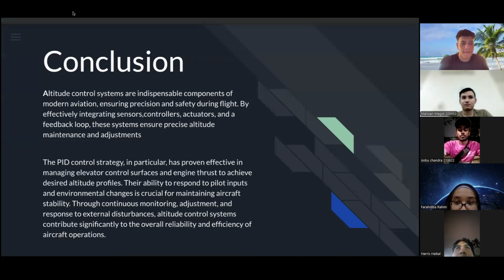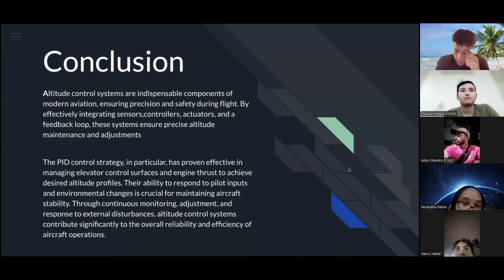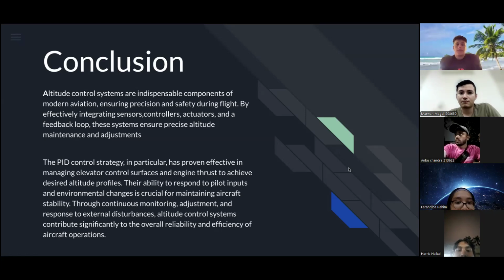Okay. In conclusion, altitude control systems play a vital role in modern aviation, ensuring both precision and safety during flight. These systems are indispensable as they precisely manage and adjust the aircraft altitude, integrating key components like sensors, controllers, actuators, and the feedback loop. A particularly effective aspect of altitude control systems is the PID control strategy. This approach manages elevator control surfaces and engine thrust to maintain desired altitude profiles.